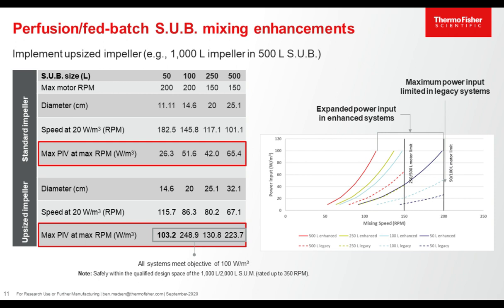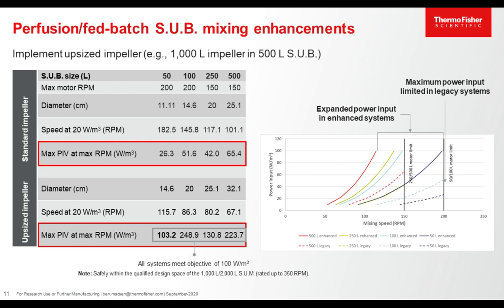We haven't seen many requests go beyond about 500 liters. That's not to say that we don't see interest at the large scales, but most of our queries come from up to 500-liter scale. So for our enhanced subs for perfusion and fed batch, we focused on the 50 to 500-liter scale.